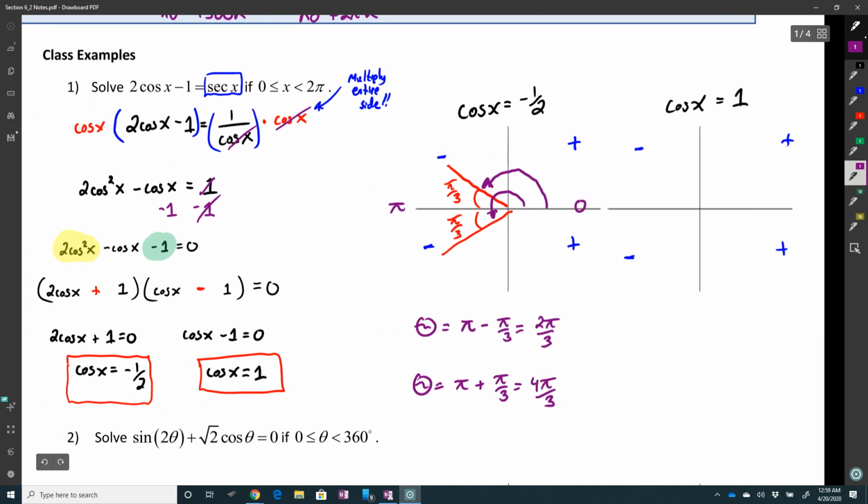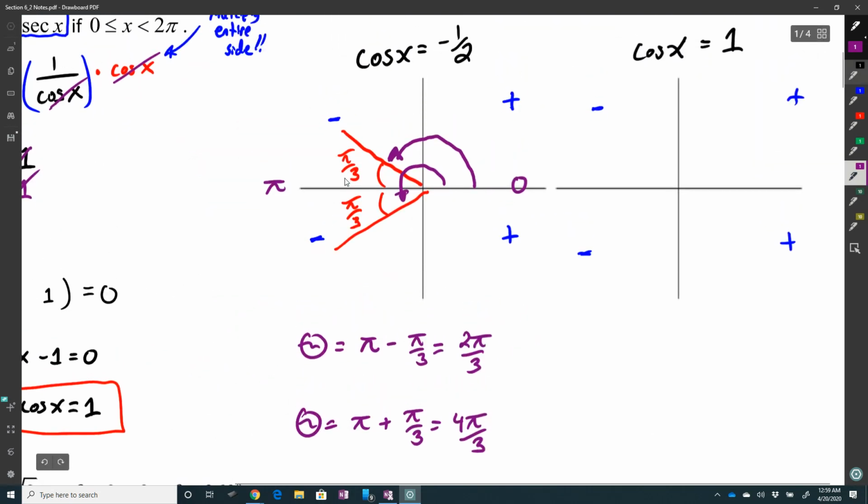Okay. Now the last one is cosine of x equals 1. Well, here's 1 right here. This is negative 1. Cosine, remember, is the x value. So the only time cosine is equal to 1 is actually where it starts, at 0. We go around one rotation, but that's negative 1, that doesn't count. Go back here, and that's 360.